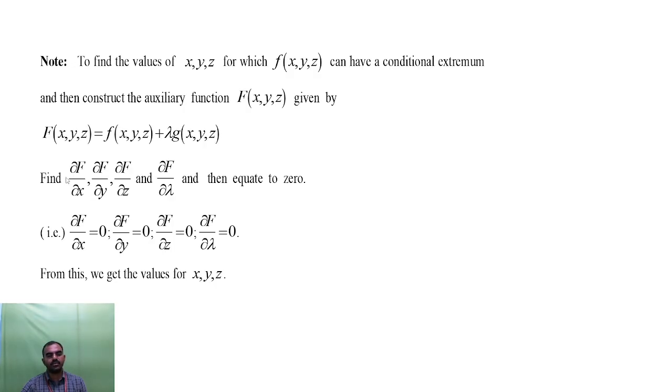So next we have to find the partial derivative with respect to x, with respect to y, with respect to z, then with respect to λ, then equate all the values to 0. So from this we get the values for x, y and z.